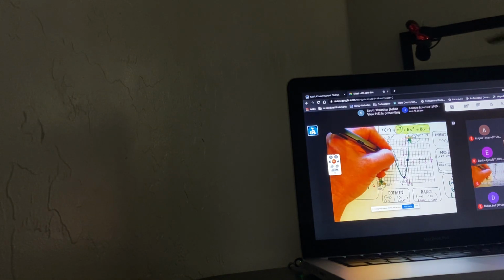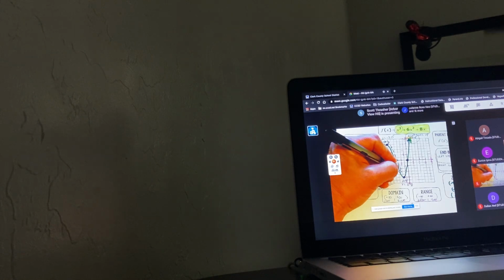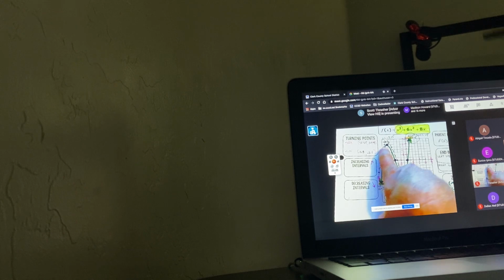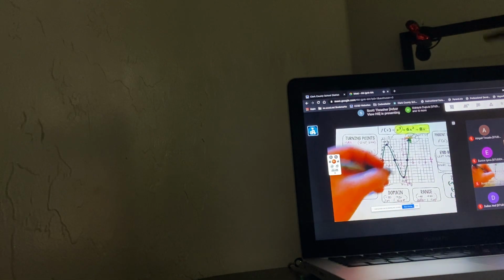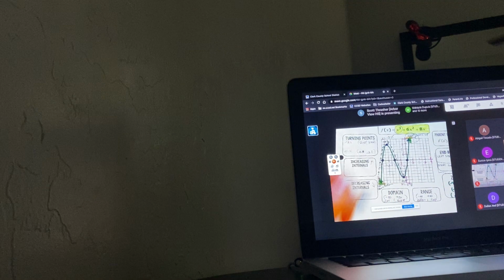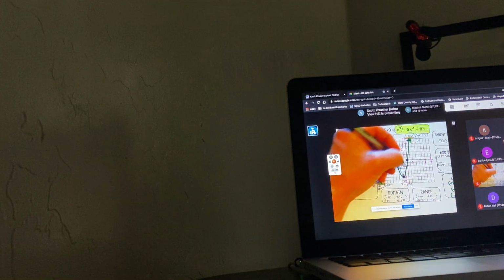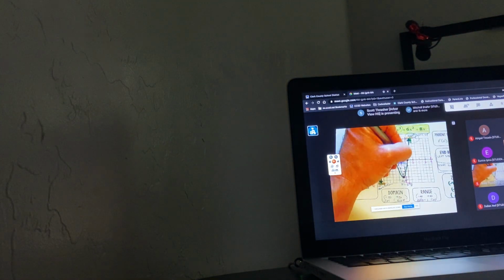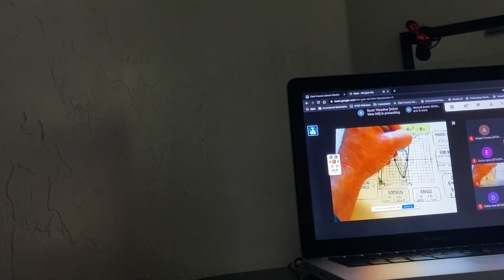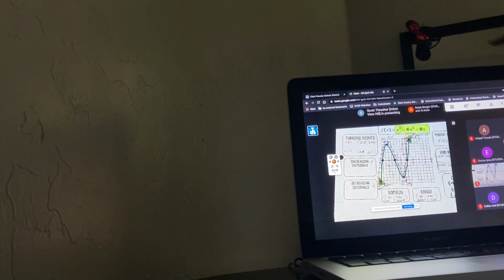So this is a decreasing interval. So he went from increasing, going uphill, to down, which is decreasing. Made it to the bottom. He's gonna start at the bottom, and now he's here. And then he's gonna work his way back up to the top. So this roller coaster, since it's a third degree, it has 3 sides.